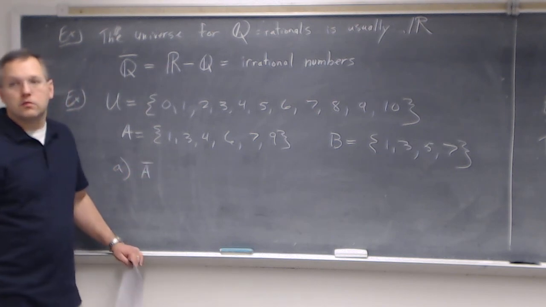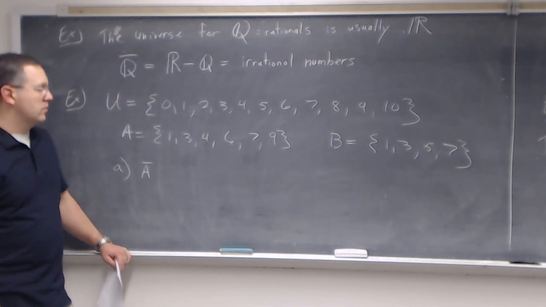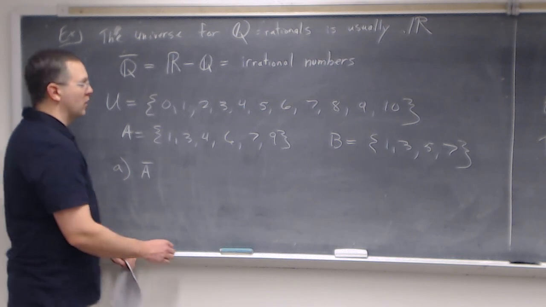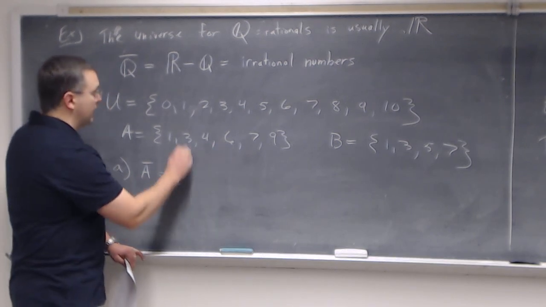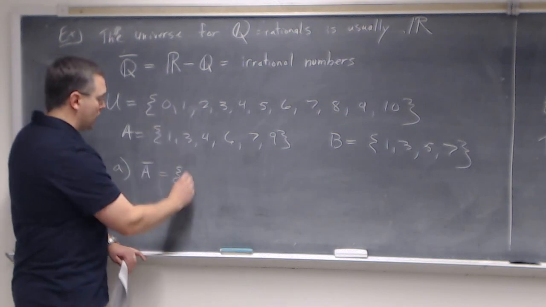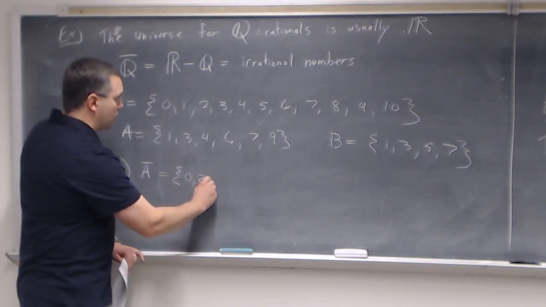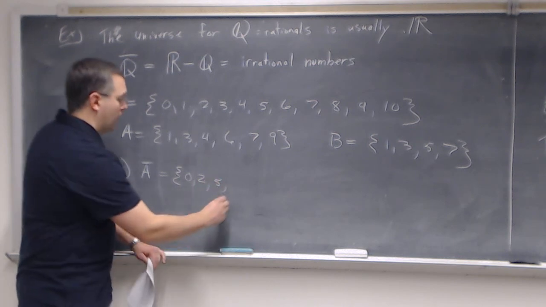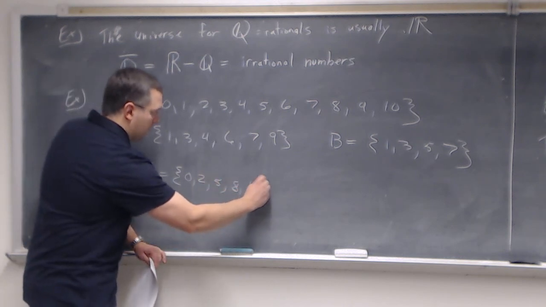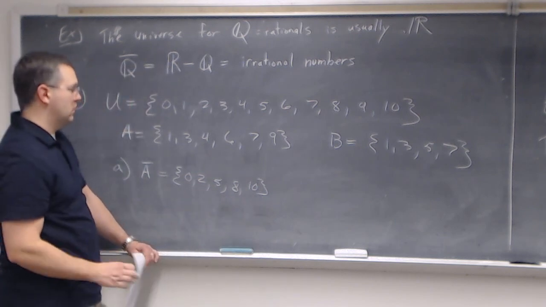What's the complement of A? 2, 5, 8, and 10. Yeah, so you got it. Did you guys say 0? Anything that's in the universe that's not in A. So 0, 2, 5, 8, 10.